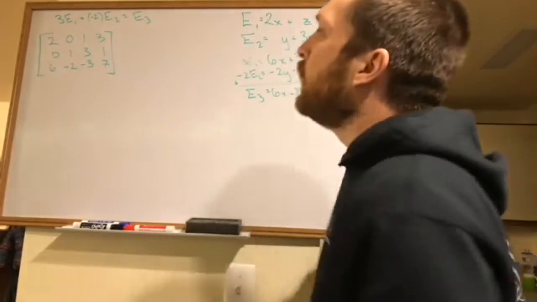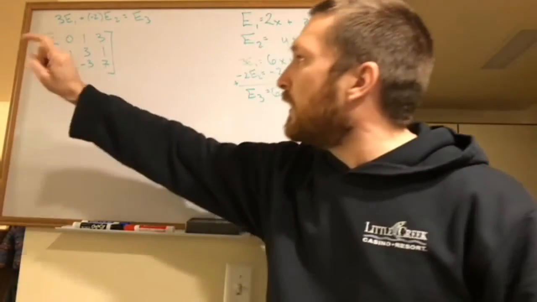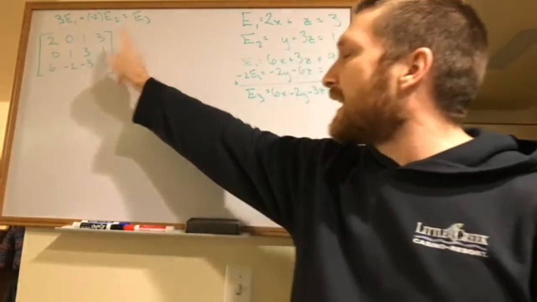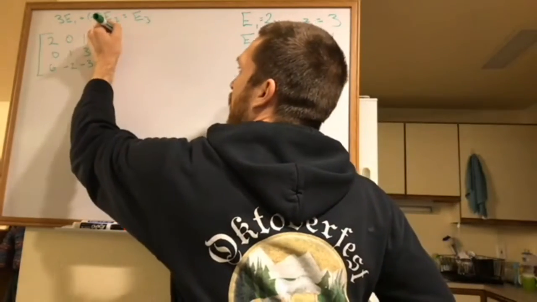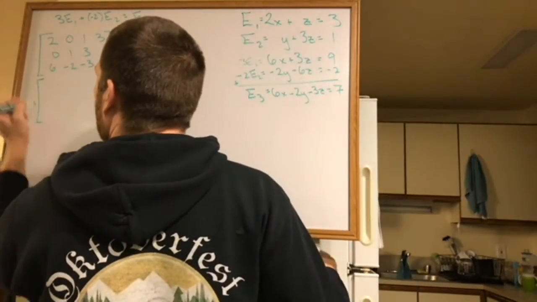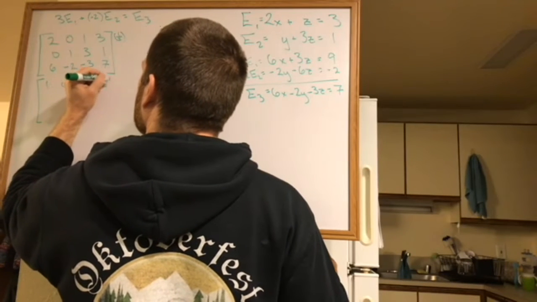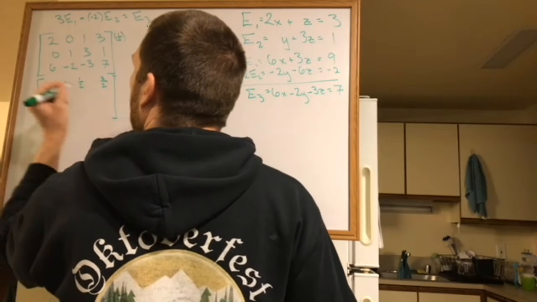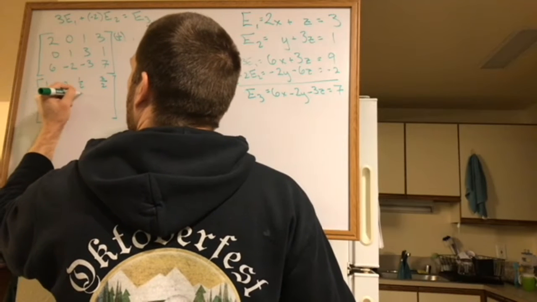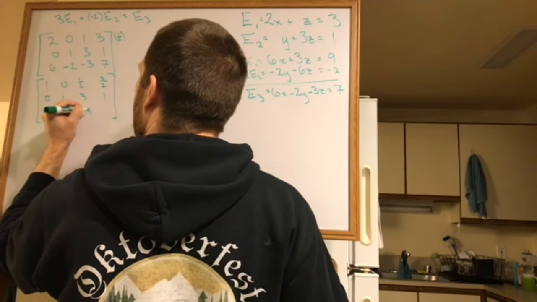Okay, so we want to row reduce this guy. I guess we need a leading one right there. So I'm going to divide that entire equation through by 2. And so that gives me 1, 0, 1 half, 3 halves. Not changing this one. And I'm not changing the last one. Now, okay.